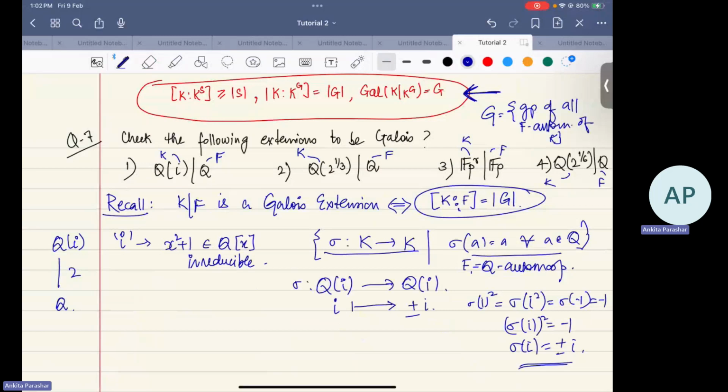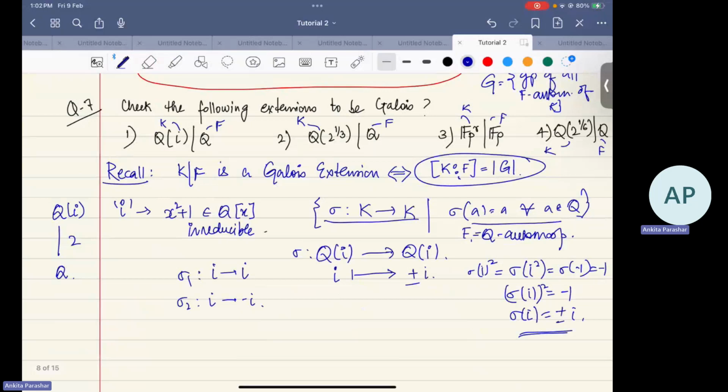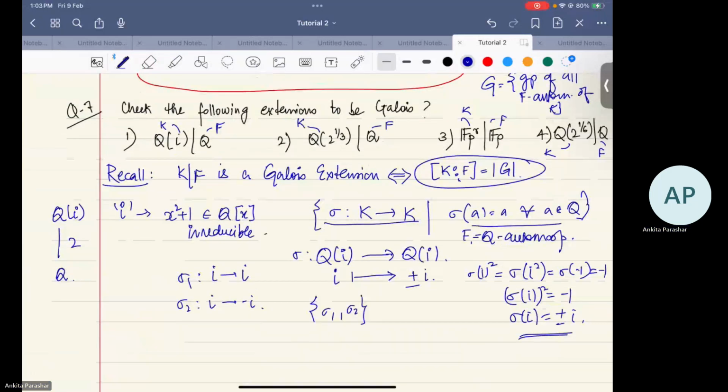So we have sigma 1, which maps i to i, and sigma 2, which maps i to -i. So we have sigma 1 and sigma 2, the homomorphisms which fix Q, so the cardinality is 2. So it is equal to the degree of the extension. So this is Galois.